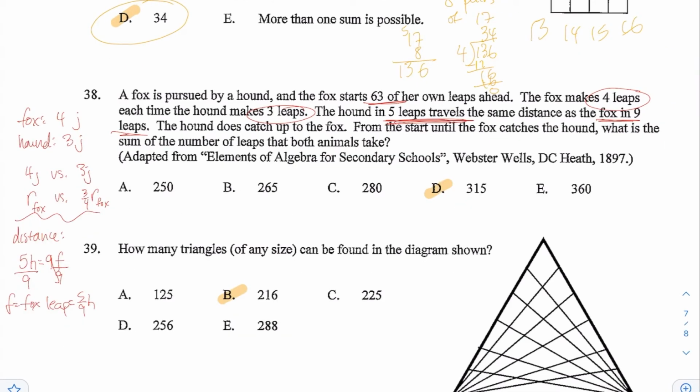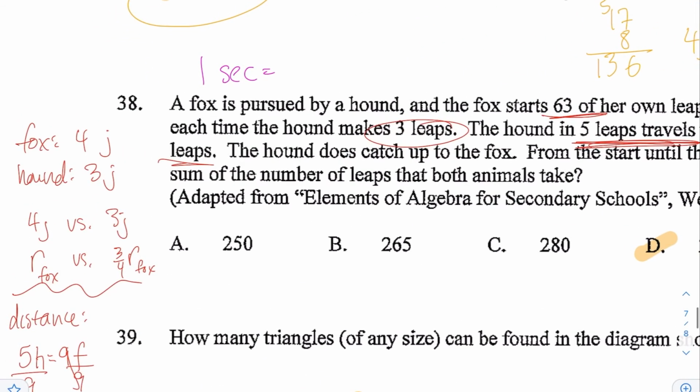For this question, you want to first figure out the timing, because the fox will make 4 jumps when the hound makes 3 jumps. We don't have a time for that, so we can just pretend that's 1 second, just so that we can equate the two. So in 1 second, let's say the fox makes 4 jumps, and the hound makes 3 jumps.